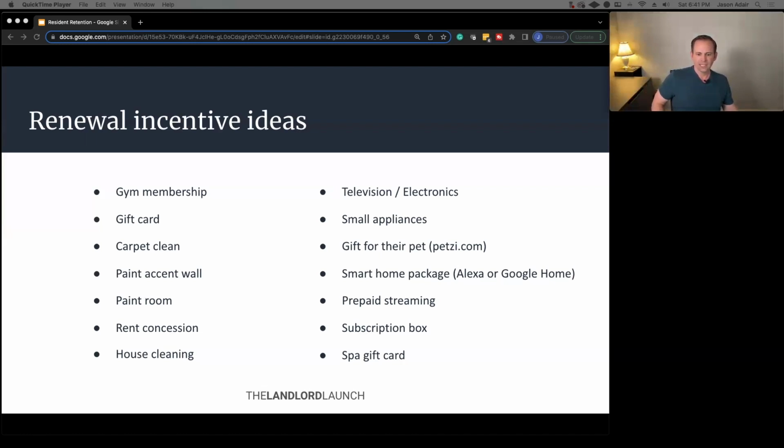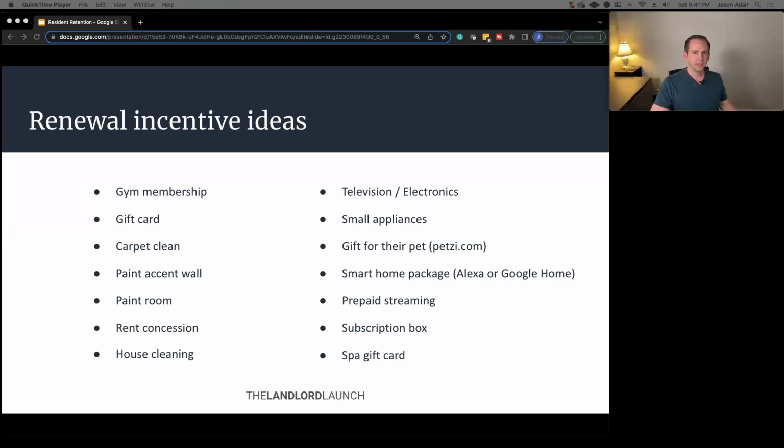Home packages, Alexas, Google Home, prepaid streaming. Netflix gift cards. You can buy a year's membership worth of a Netflix gift card for them if you know that would be something that's interesting to them. Subscription boxes, spa gift cards, anything you can think of that would be attractive to them that is cheaper than what vacancy would cost you, to help incentivize them to sign the lease.